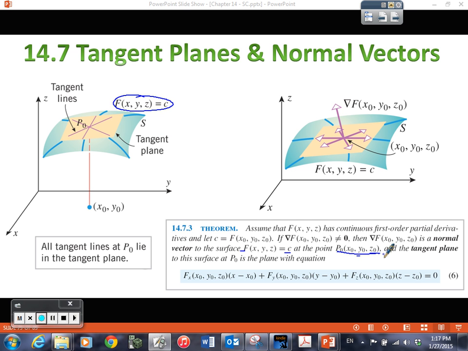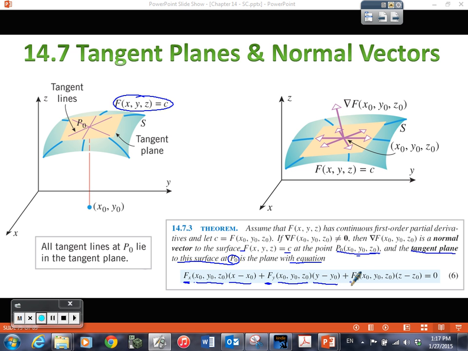And the tangent plane to the surface at P naught is going to be with this equation. Notice we have the partial derivative with respect to x evaluated at the point, multiplied by x minus x naught. Then we have our partial derivative with respect to y, again evaluated at that same point, multiplied by y minus y naught.